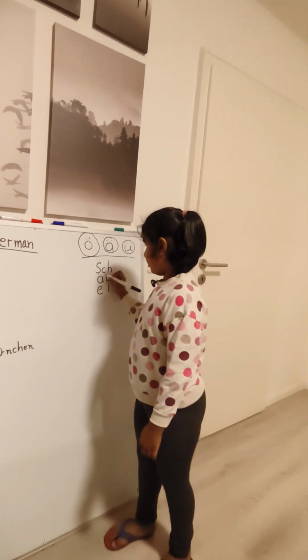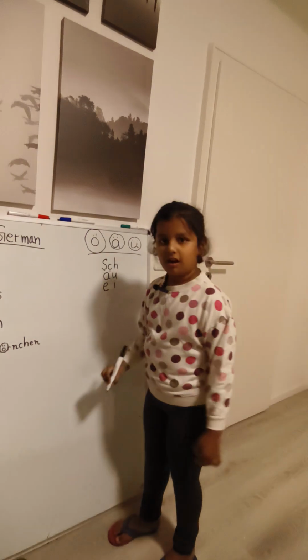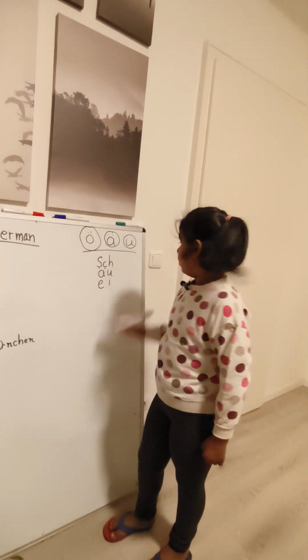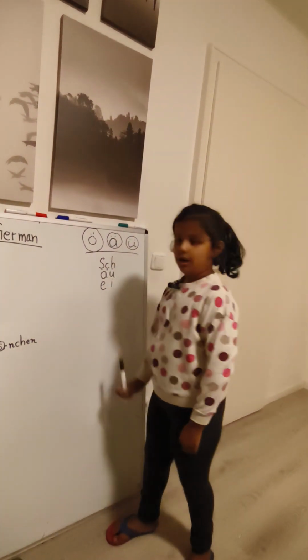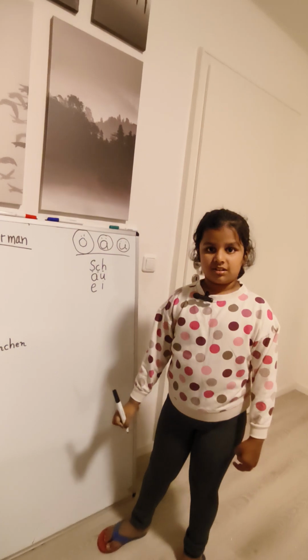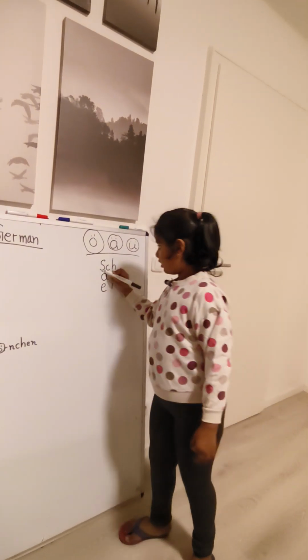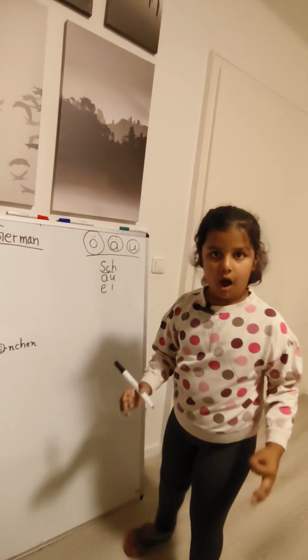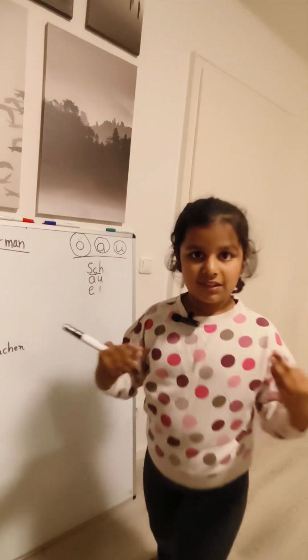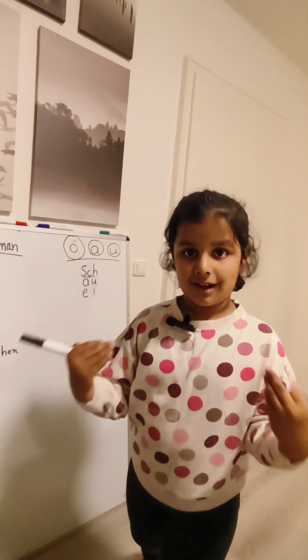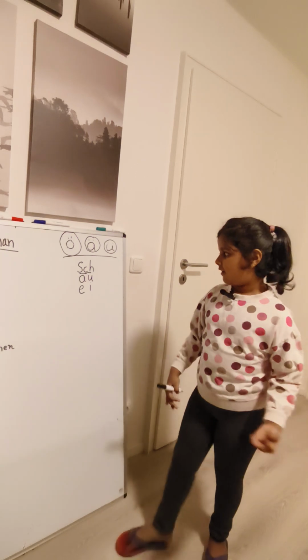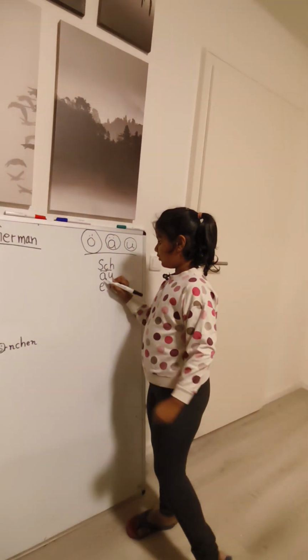Okay, and this is "s". And this is "a". Now if this is joined to it, it will be "sa". Okay, now next. What is this?